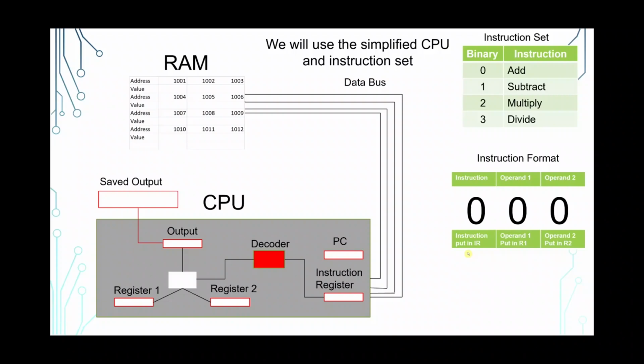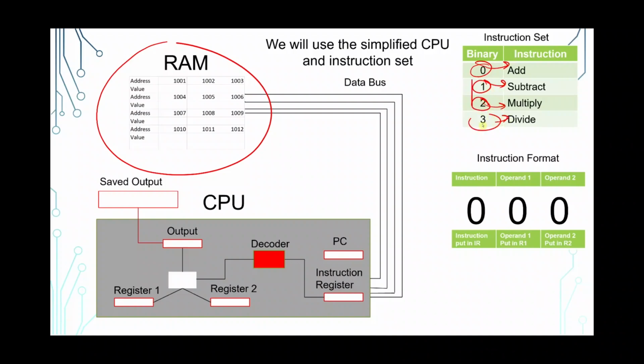So we are going to deal with the RAM, and we will use a simplified CPU instruction set: 0 means add, 1 means subtract, 2 means multiply, 3 means divide. And the division we are going to do is simplified division. For example, 3 divided by 2 is 1, because we truncate anything after the decimal point.